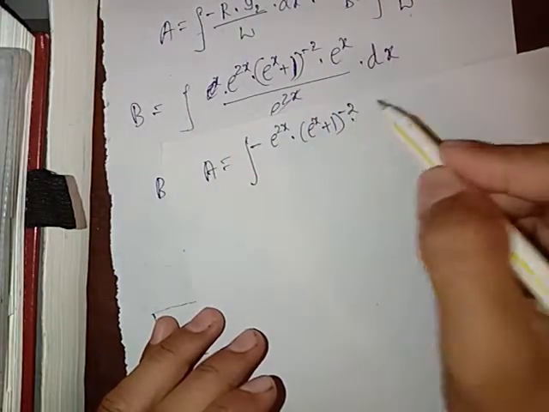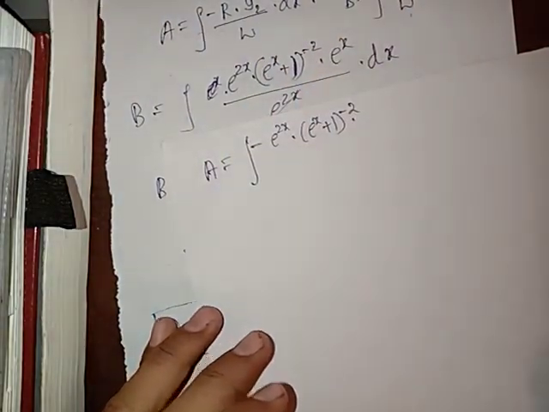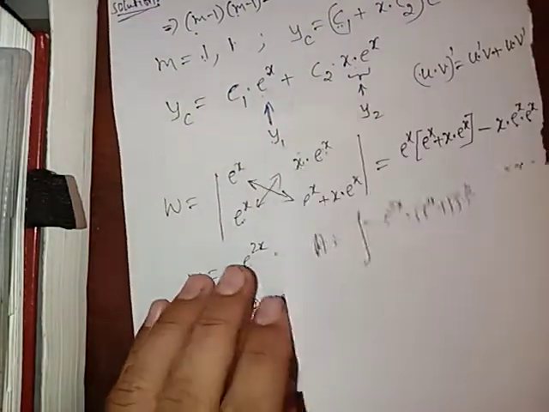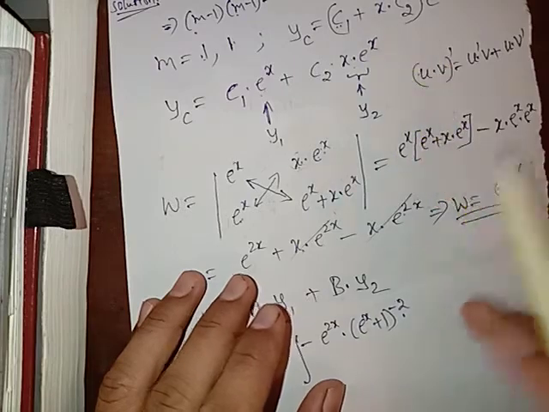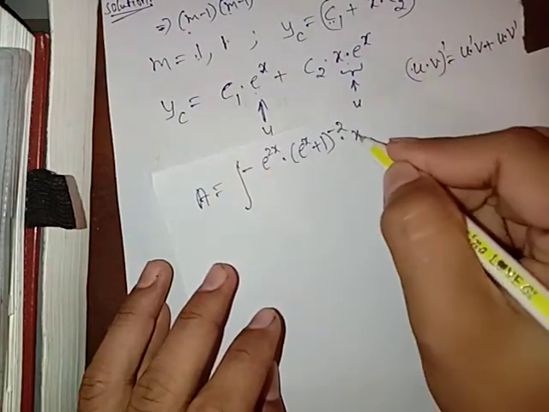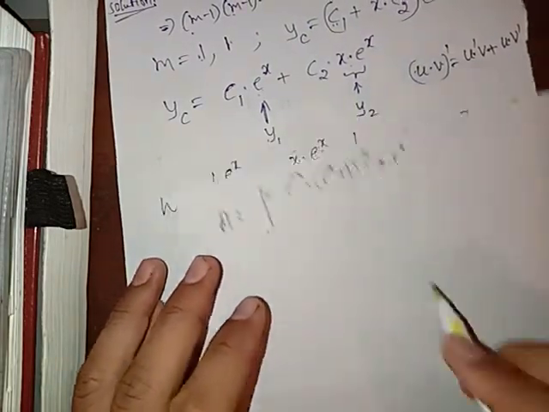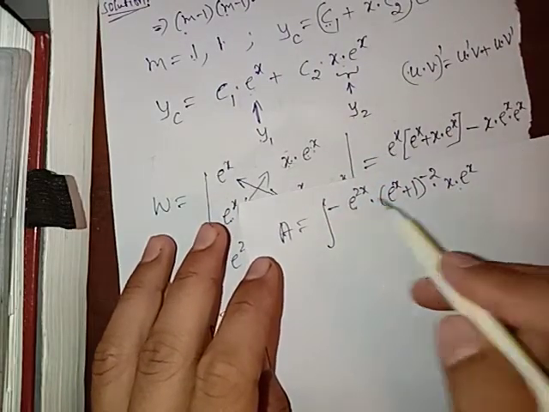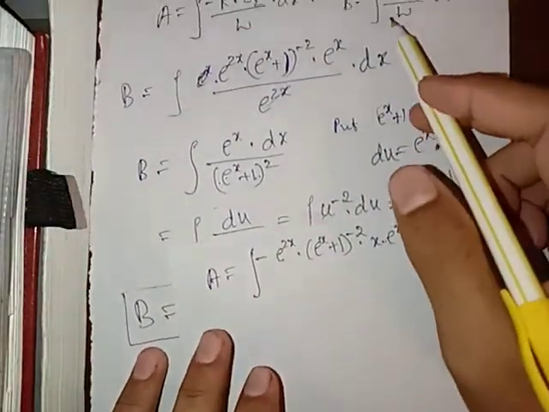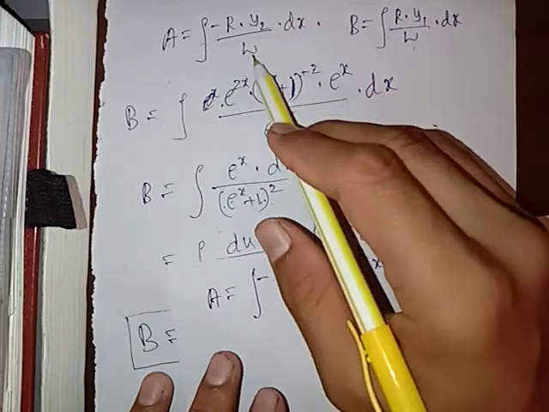divided by w, into y2. In the place of y2 here, x into e^x. So x into exponential of x, this is y2, r into y2 divided by w.